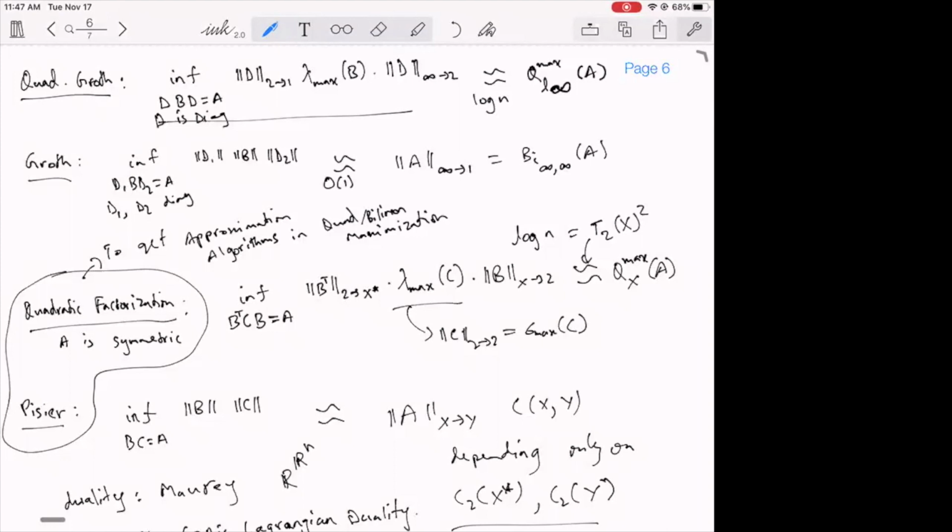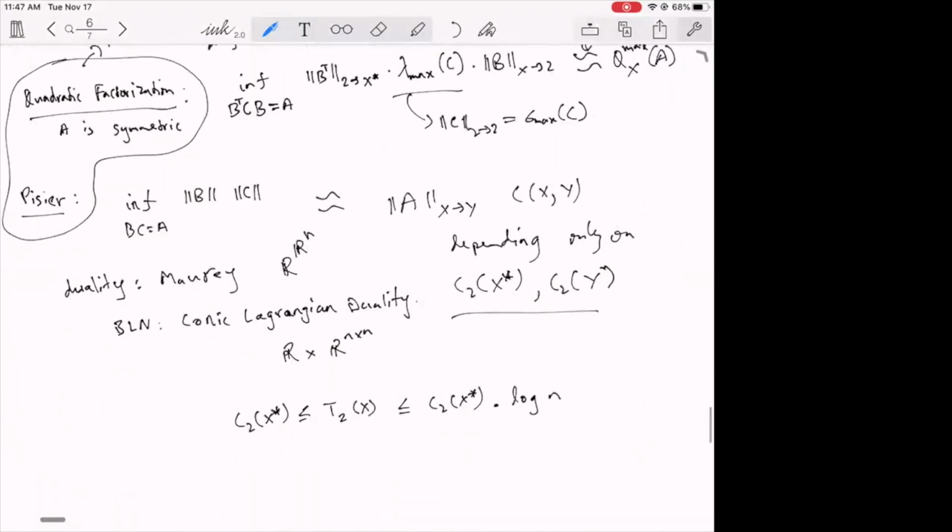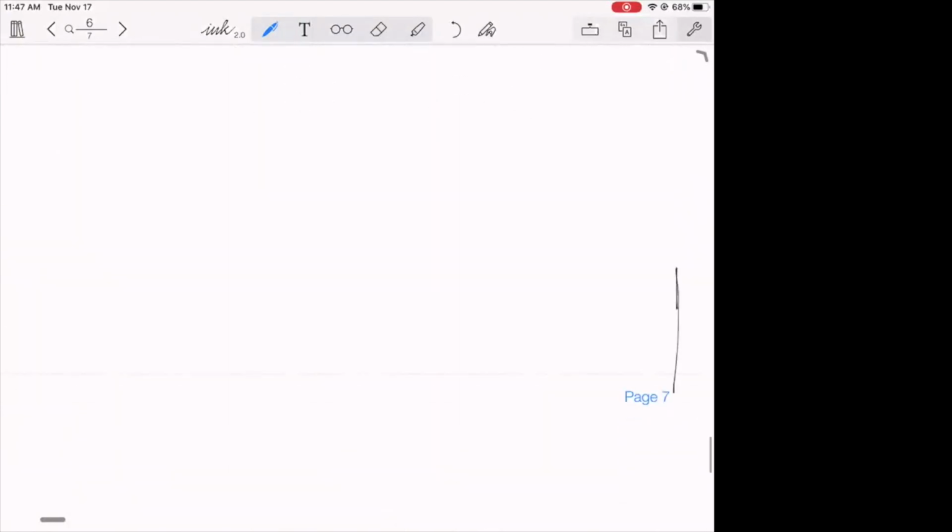So I think the revised plan for today may be that I will prove the rounding. Sorry, I'll write this on a new page.